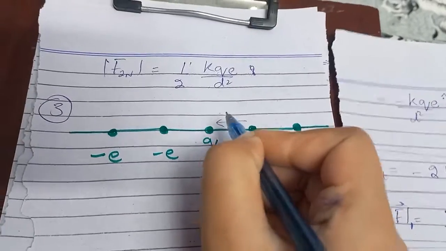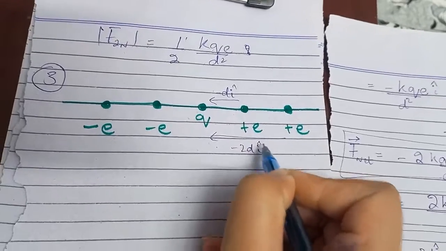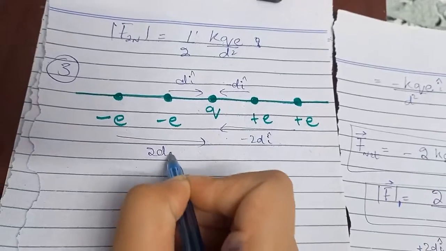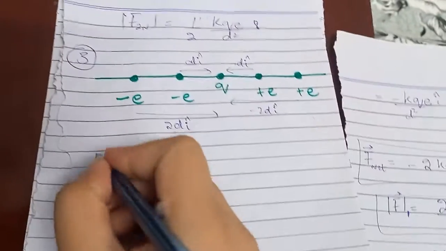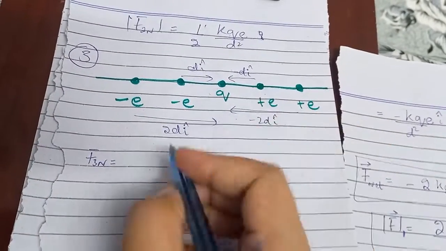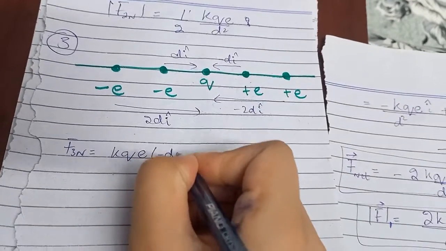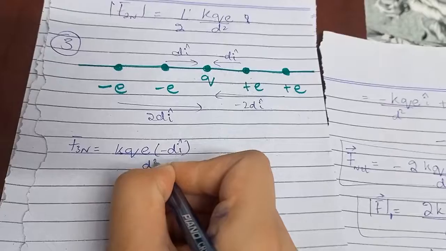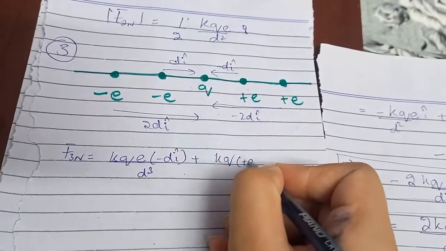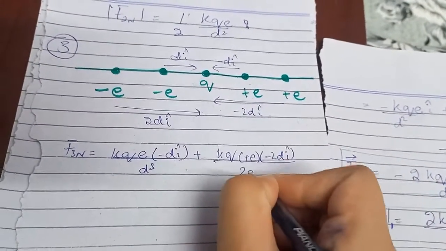The vectors are already known: it's negative d i hat, and this one is negative 2d i hat, it's positive d i hat, and this is positive 2d i hat. Now let's find the net force. It's the force due to this one: k q, the charge is positive, the vector is negative d i hat divided by d cube, plus k q, this charge is positive e, the vector is minus 2d i hat divided by 2d whole cube.